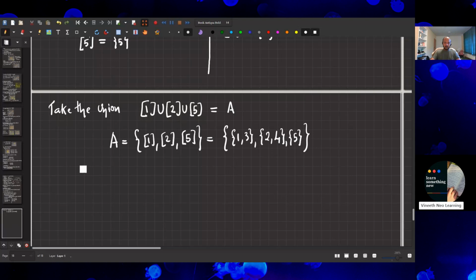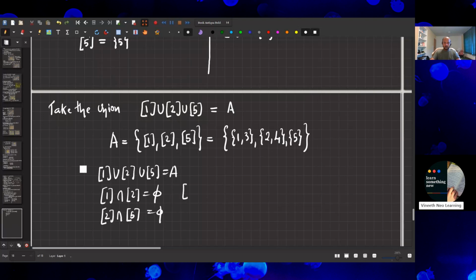For instance, 1 union 2 union 5 should give A, and 1 intersection 2 should be the null set. Similarly, 2 intersection 5 and 1 intersection 5 should also be null sets.